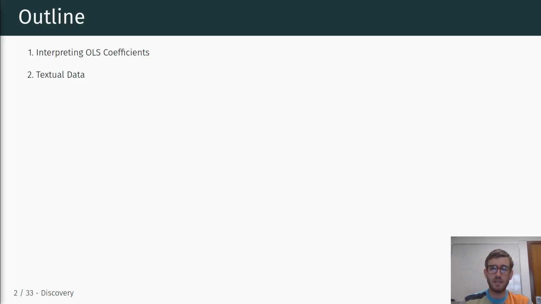The network and spatial data sections we can discuss in more detail in the Q&A session, depending on timing and which topic you're more interested in. But for the videos for this week, I think focusing on interpreting OLS coefficients and really getting those basics down, and then talking about textual data will be sufficient for this week.